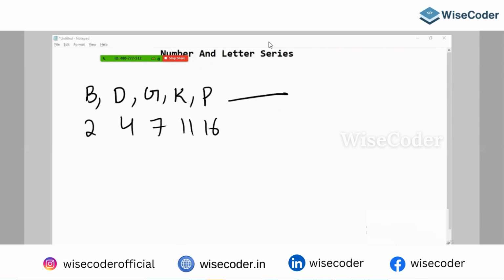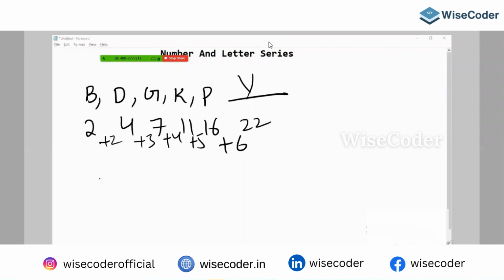Observe here: plus 2, plus 3, plus 4, plus 5. Next must be plus 6. 16 plus 6 is 22. What is the 22nd letter? V. Here the increase is constantly increasing.